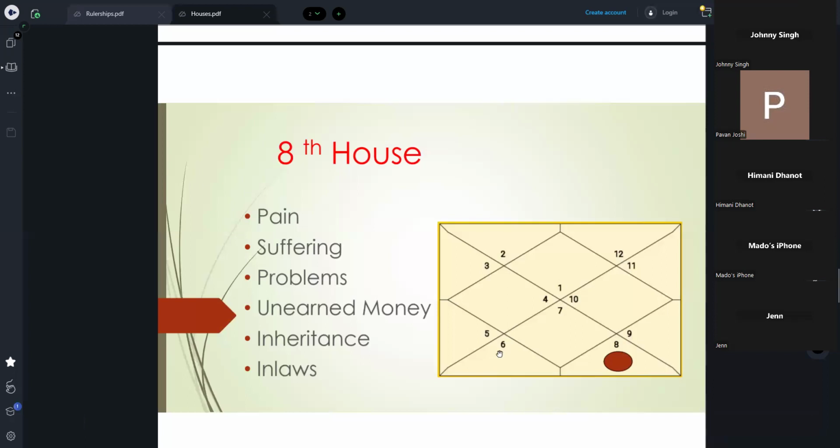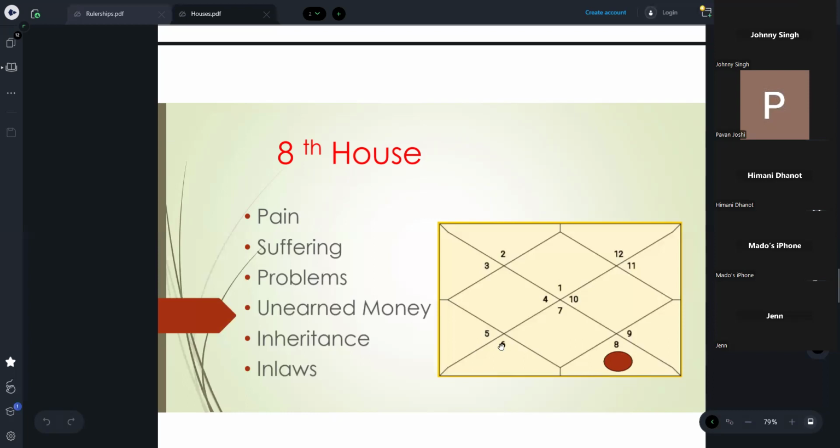So what are you going to tell that person when you see that right now he's going through his sixth house activities, and he's already suffering from disease, and the next time period is also going to take the eighth house into account alongside the sixth house?